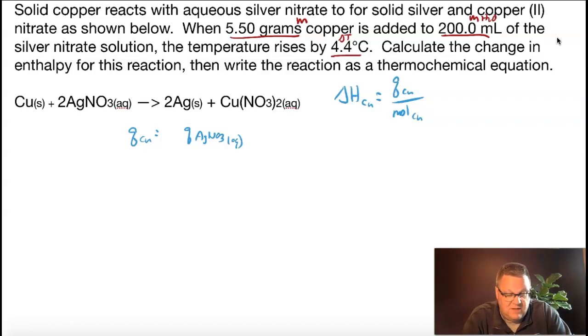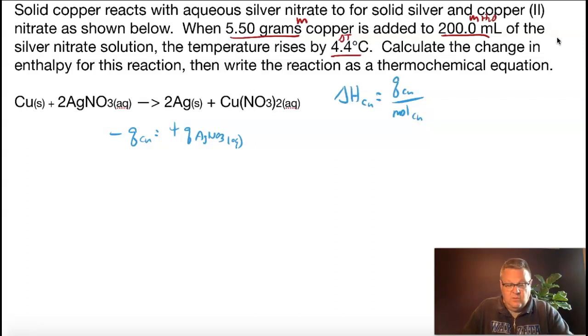If the temperature of the silver nitrate solution goes up, that means heat is flowing out of the copper into the silver nitrate. So that's the trick right there. Negative Q copper, the amount of heat released by the copper in this single replacement reaction, is equal to positive Q silver nitrate, the amount of heat absorbed by the silver nitrate solution.